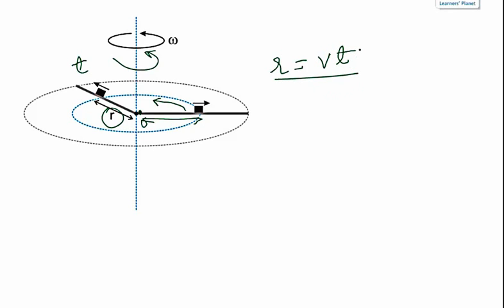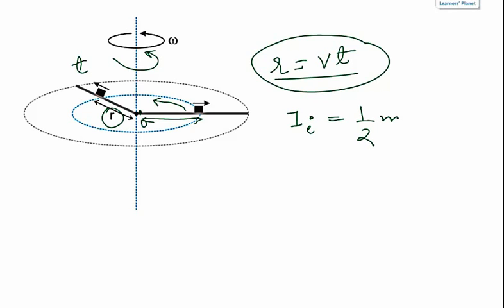Now since r is increasing linearly with time t, the moment of inertia of the insect, which is given by half m r square, will be equal to half m v square t square.